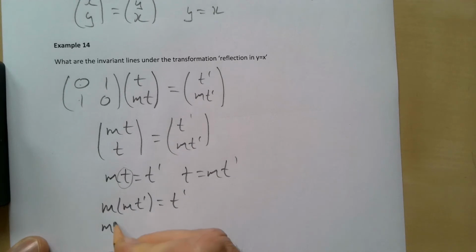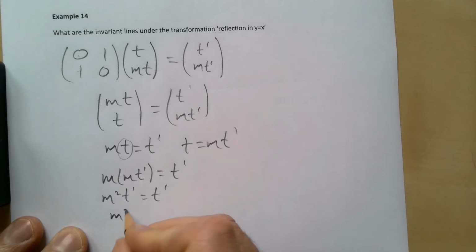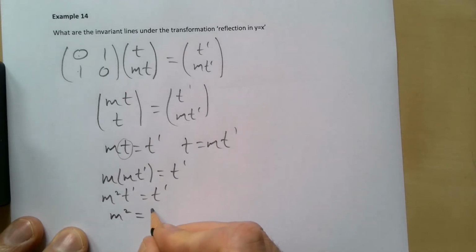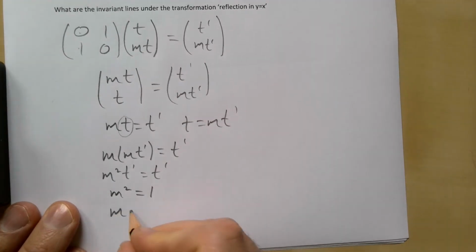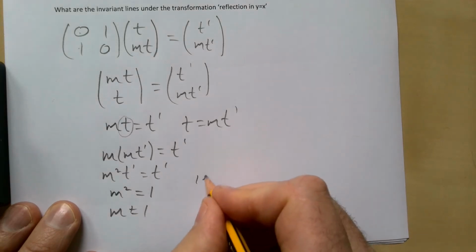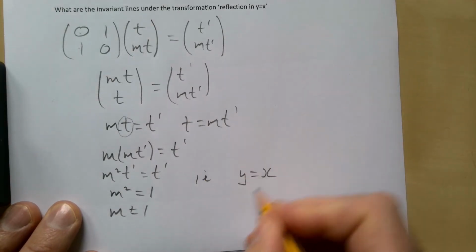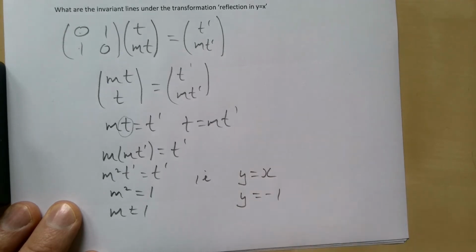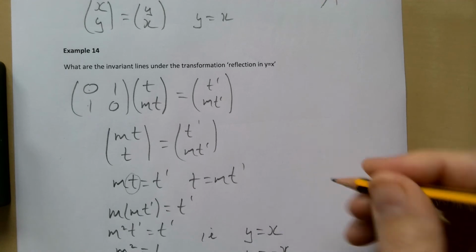That means m squared t dash is t dash, and if we divide through by t dash, we get m squared is 1, and that means m is plus or minus 1. So I've found the gradient of the lines, i.e. the two invariant lines are y equals x or y equals minus x. Does that make sense? I think it does.